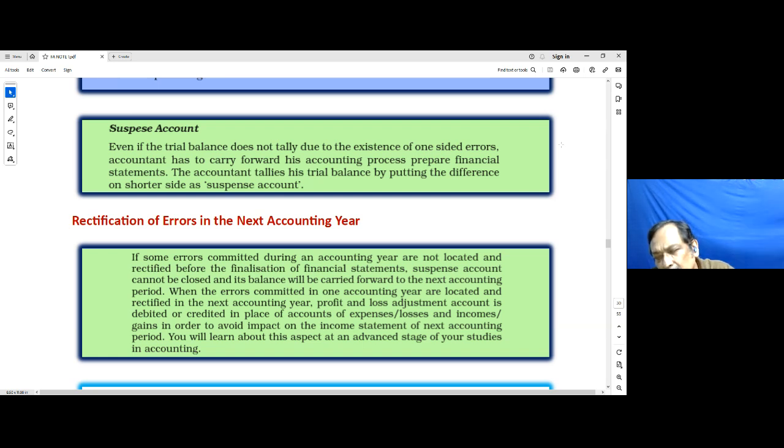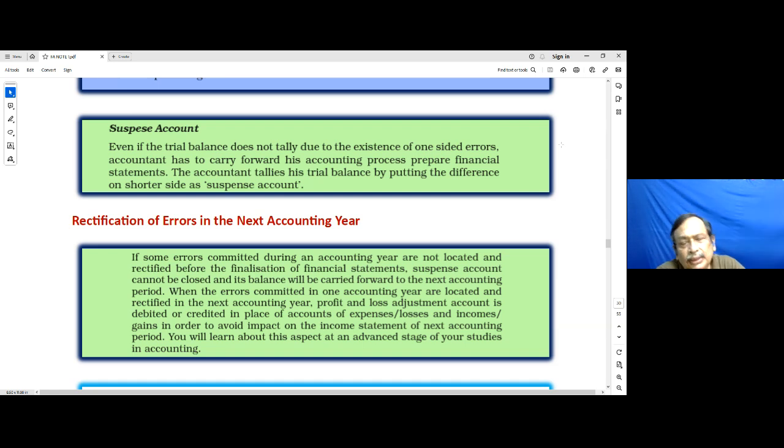Say your debit is, for example, 4,000 and your credit is 3,800, then you put the suspense account in the credit column of the trial balance, so that total debit is equal to total credit. So basically, one-sided errors are corrected by putting them into a suspense account.